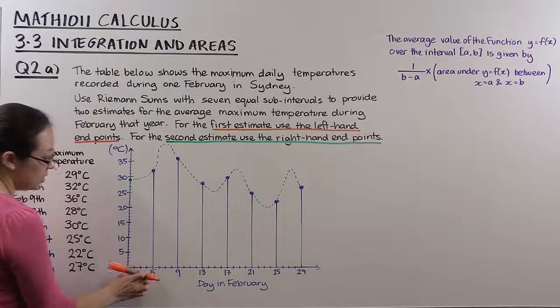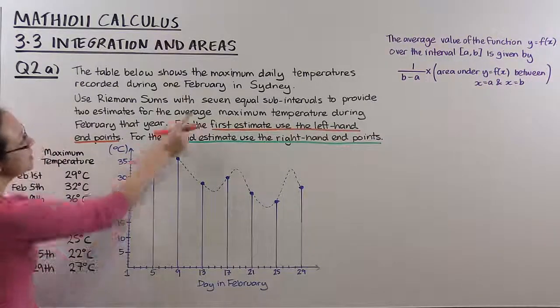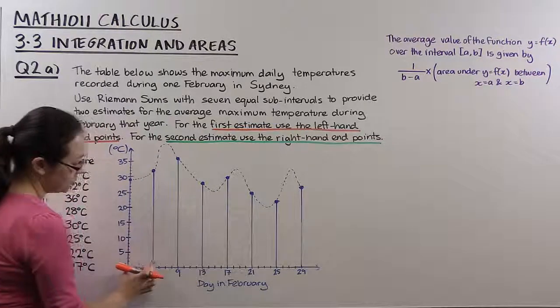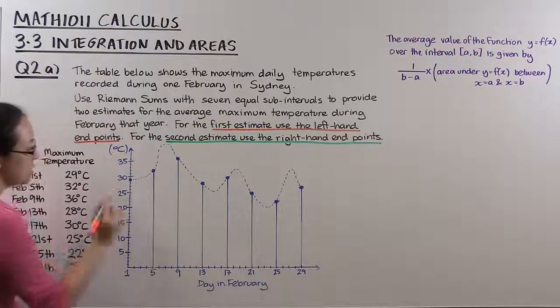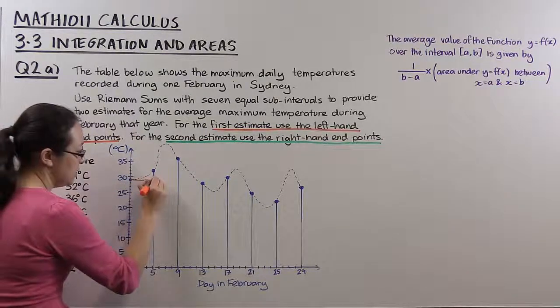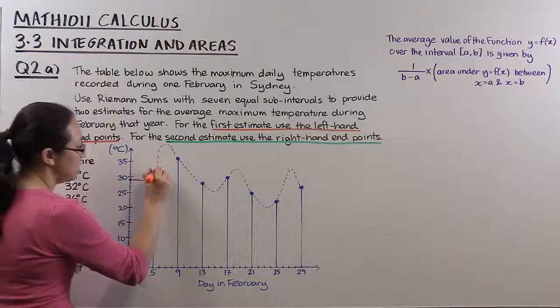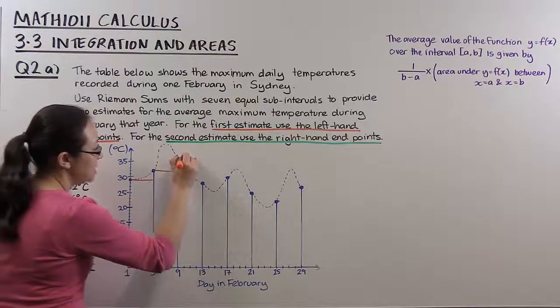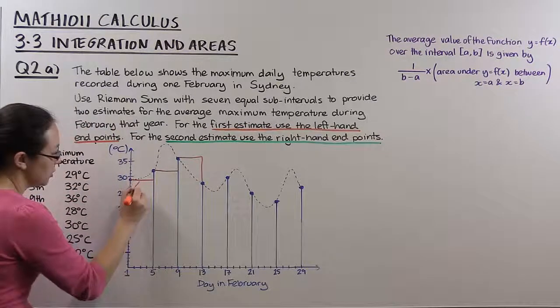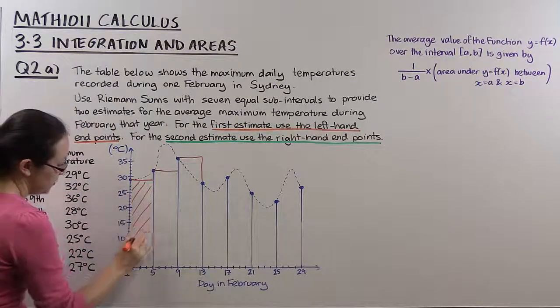So in this strip here, we've got 7 subintervals. Here they are, every 4 days in February. And I'm going to estimate the area by drawing horizontal lines at each of those left endpoints there.